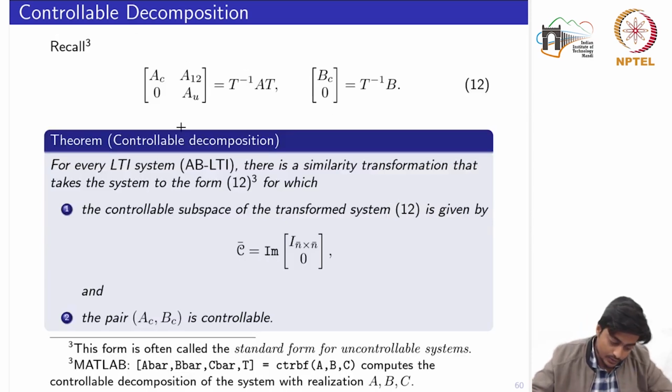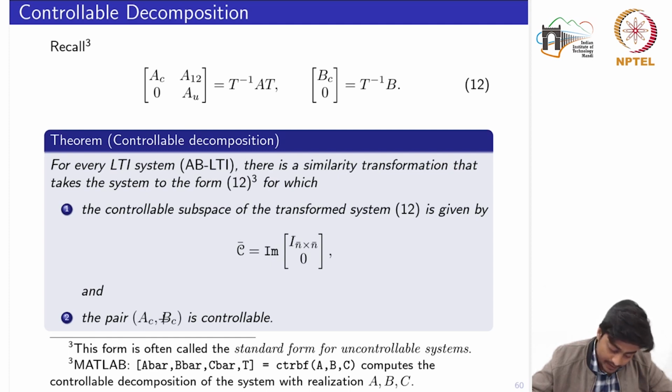So recall these two matrices we have just constructed. For every LTI system A B, there is a similarity transformation that takes the system to the form 12, which is the decomposed form, for which the controllable subspace of the transformed system is given by the image of this identity and 0, and this identity has a dimension of n bar.